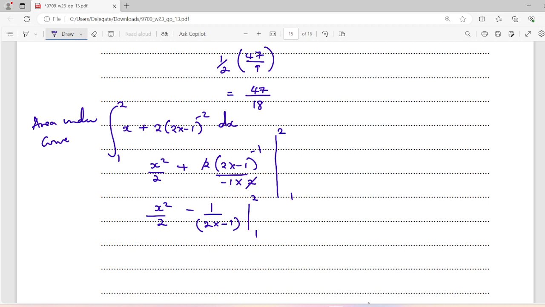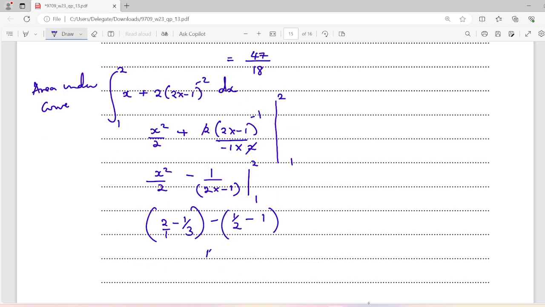Then we are subtracting the lower limit, when you put in a 1, you shall end up having 1 over 2, minus 1. When you work it out, you can even use a calculator, and you get your final answer as 13 out of 6.